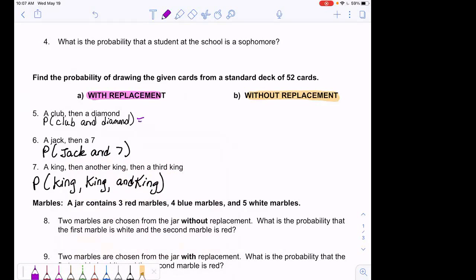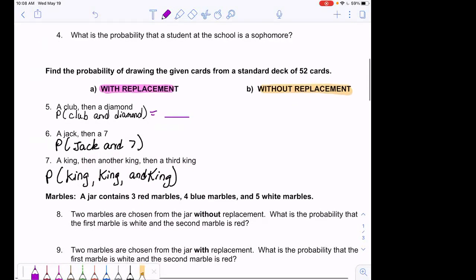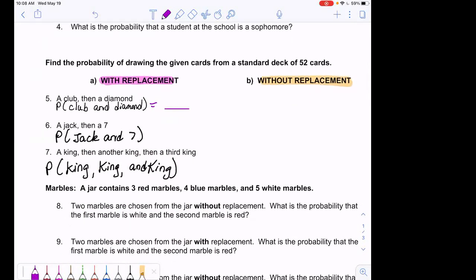The first one says find the probability of getting a club and then a diamond. Haley, do you remember how many clubs are in a deck of cards? Yeah, 13 out of 52. You replace the card back in the pile. Haley, how many diamonds are in a deck of cards? 13 out of 52.